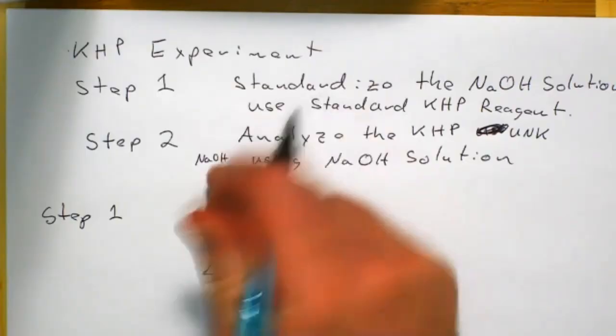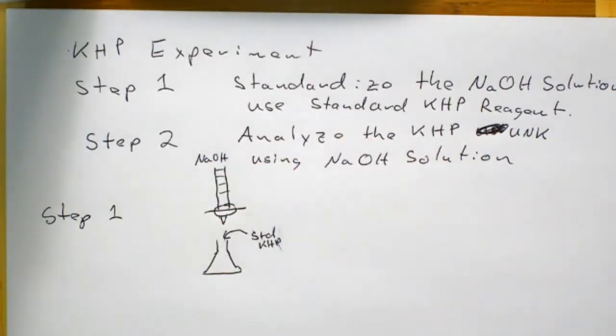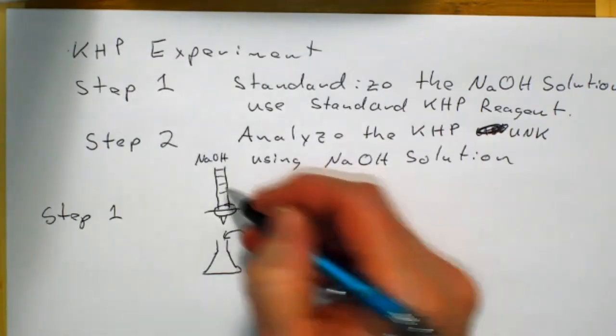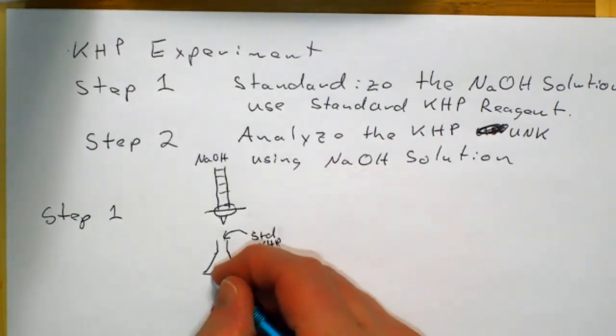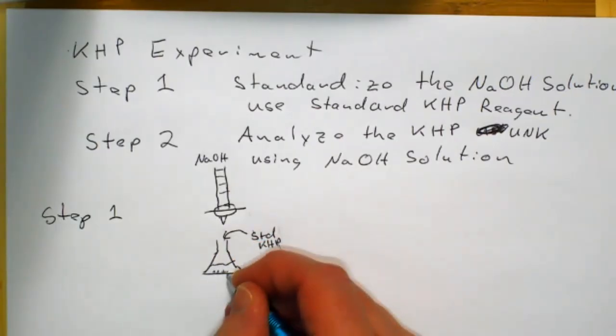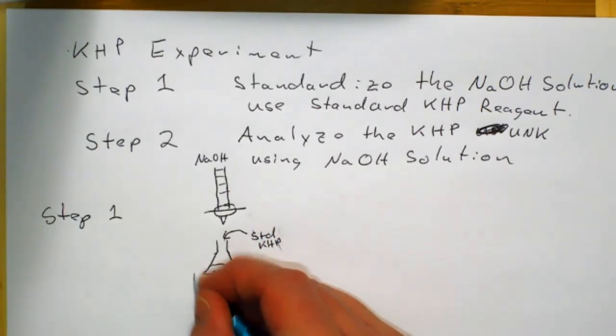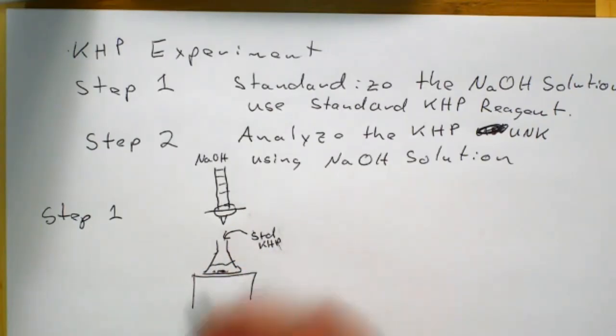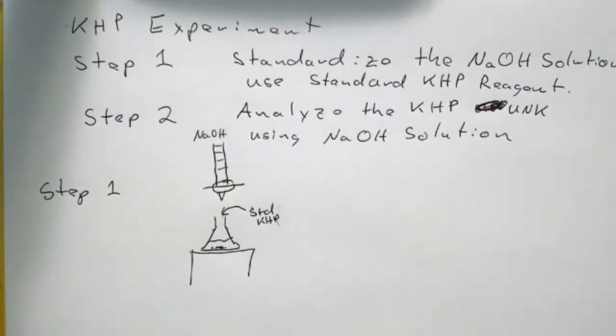Now, I don't know the molarity of the sodium hydroxide, so that's what I'm doing in step 1. So sodium hydroxide here. And at first the KHP is solid. We'll add some water. We use stir plates. That sound effect is the stir plate, in case you didn't recognize it.